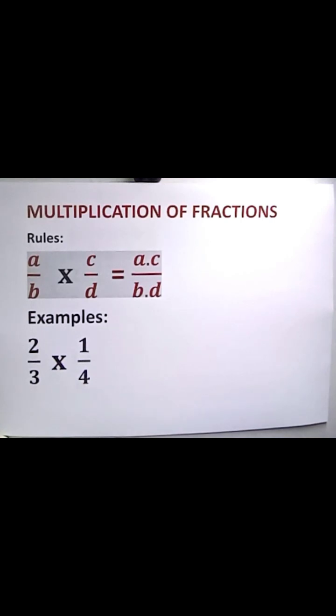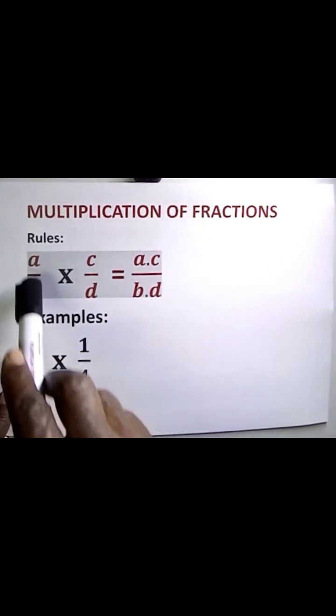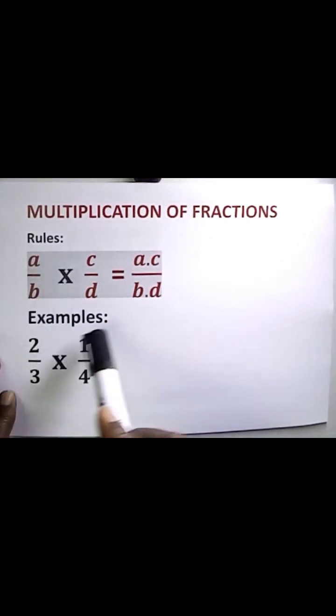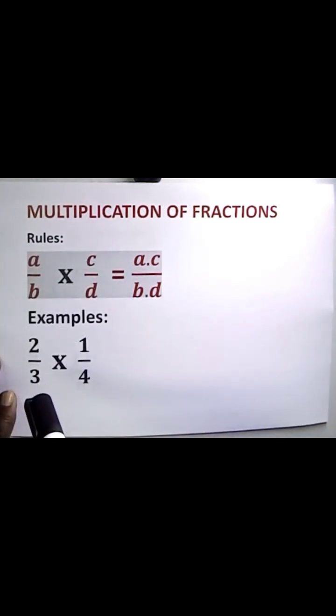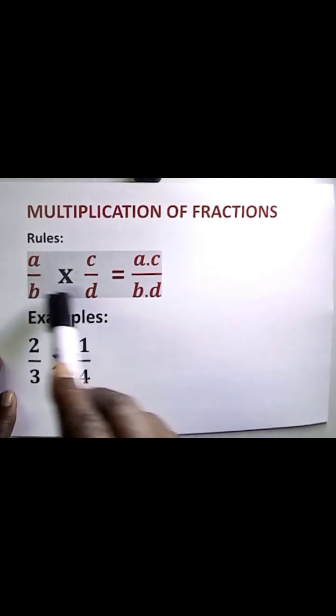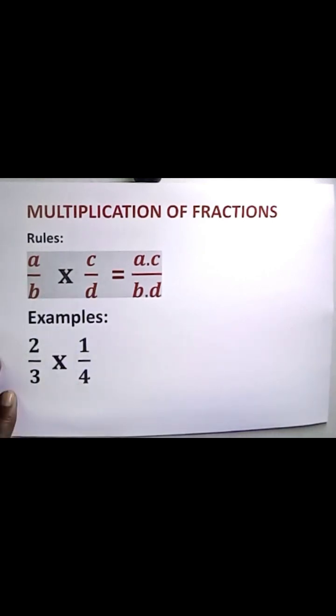As you can see on the screen, there's just a very simple rule for multiplying 2 or 3 or 4 different fractions. If you are given, say for example, a over b is a fraction, c over d is another fraction, where a and c are the numerators, and b and d are the denominators.